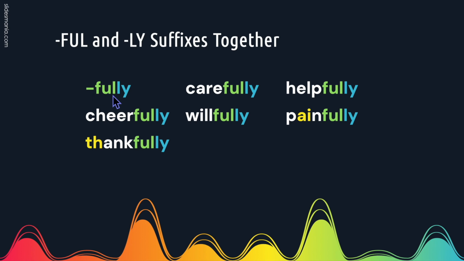Besides the suffix full, you can sometimes add the suffix ly to get fully, carefully, helpfully, cheerfully, willfully. AI says A, painfully. TH in this word has its first sound of th, thankfully.